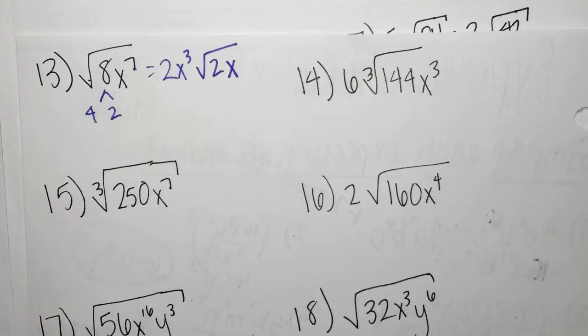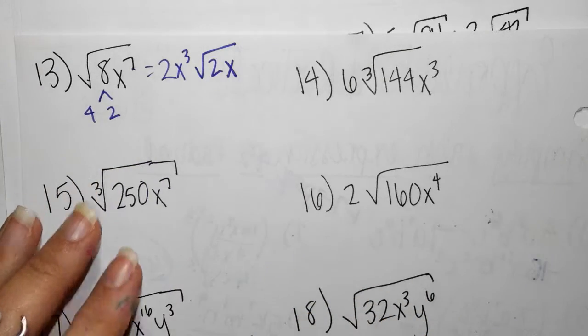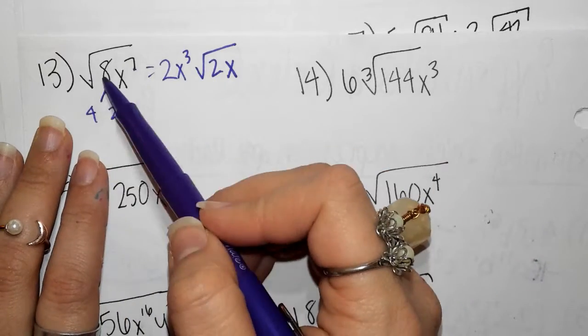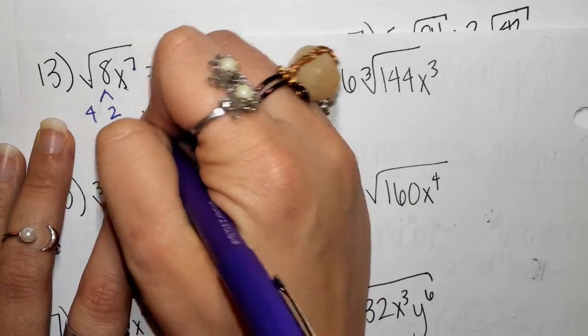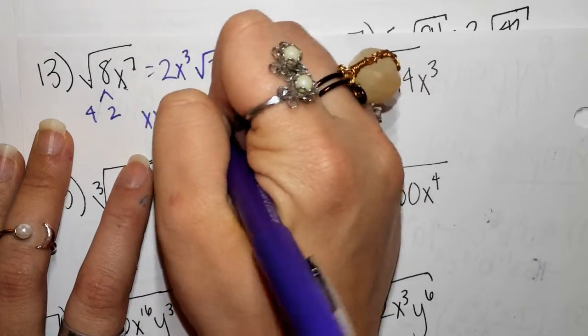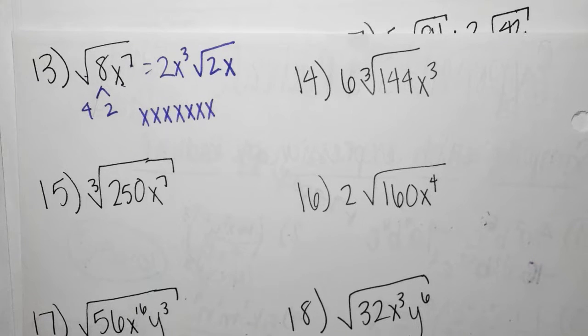Now, if you don't understand what that means, draw out your variables. Hang on, I'm going to show you this way, and then maybe that'll help. Now I'm going to come over here to my x to the 7th. So I'm going to write down 7 x's. 1, 2, 3, 4, 5, 6, 7. Now, is it the square root or the cubed root?